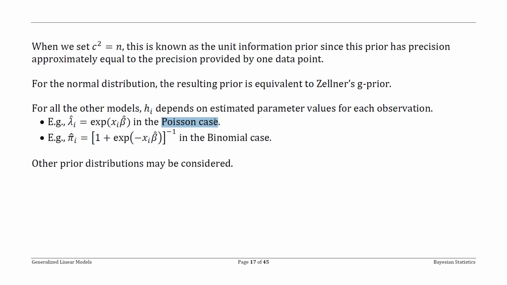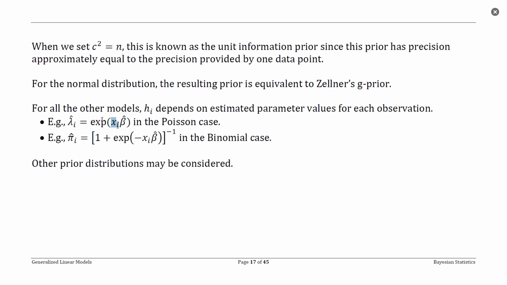So for the Poisson response distribution, when our data distribution is a Poisson distribution, the estimate of lambda_i is going to be the exponential function of x_i transpose beta hat, where beta hat is the estimated regression coefficients from our generalized linear model fit in the frequentist framework, and x_i is the vector of covariates for the ith observation.